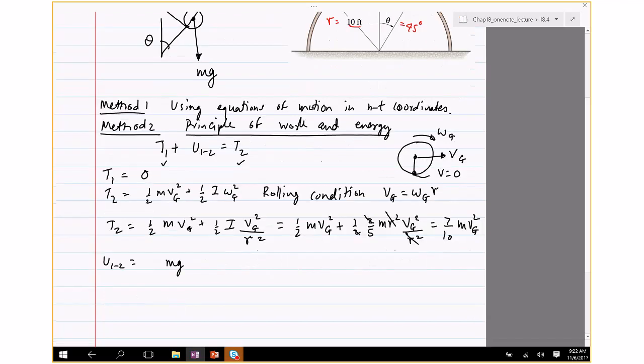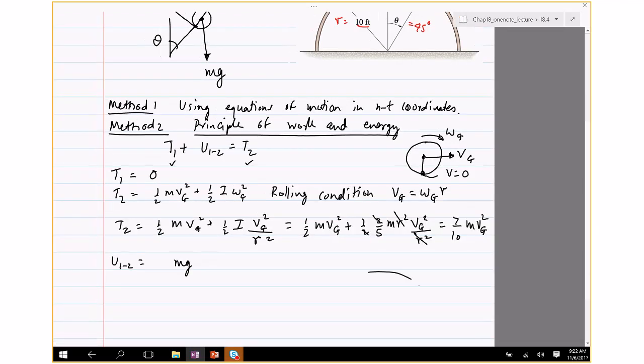Let's see what's the work done by the force mg. The initial height of the center of mass from this point, you could choose any point you want to take as the datum.